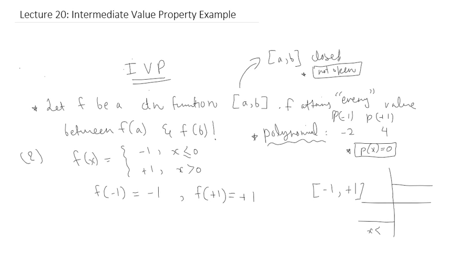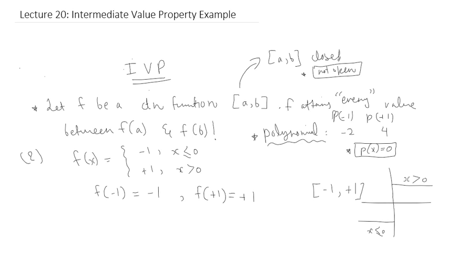So that's for x less than 0, or less than or equal to 0 as well, right? And that's for x greater than 0. So what happens is there's a jump between that, and the idea is that the intermediate value property can be applied over here, because f attains every possible value between f(a) and f(b).